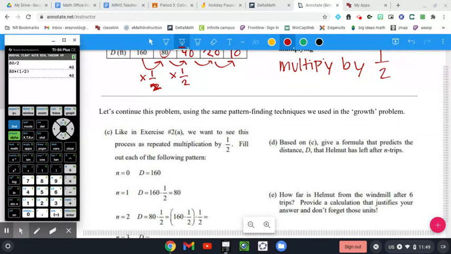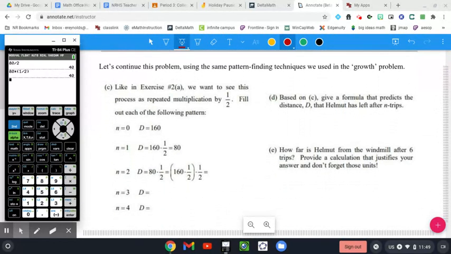So let's continue this pattern. We want to find a pattern, kind of like we did in our growth video. Okay, we want to find a pattern in order to develop a formula that can predict future outcomes. Okay, so we talked about how at 0 trips, he started 160 feet away. And then on the first trip, we did 160 times 1/2, which got us 80.